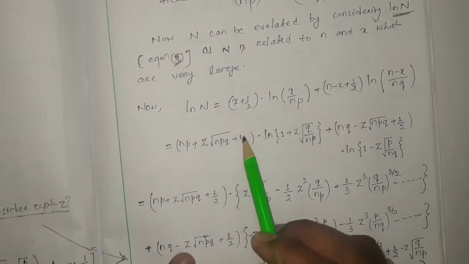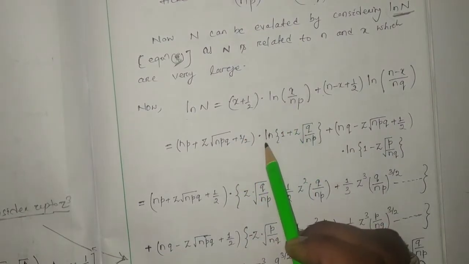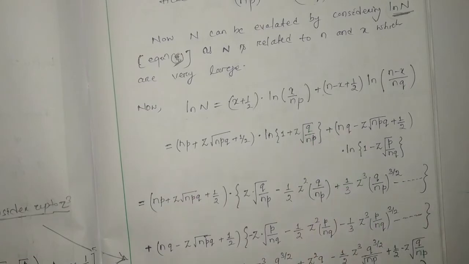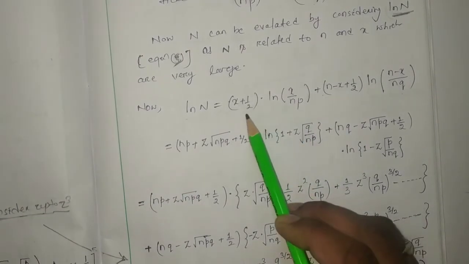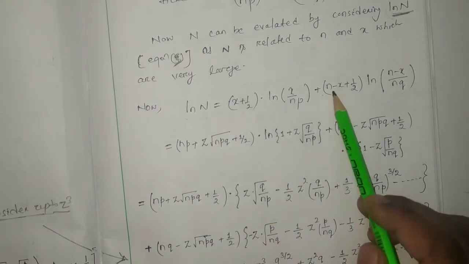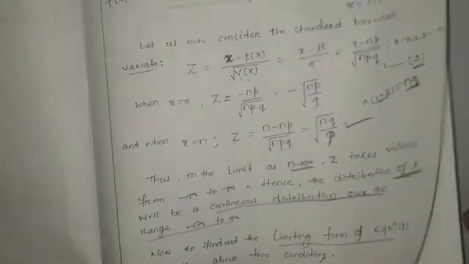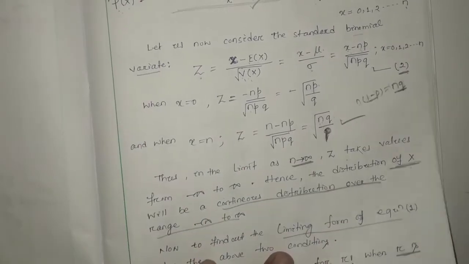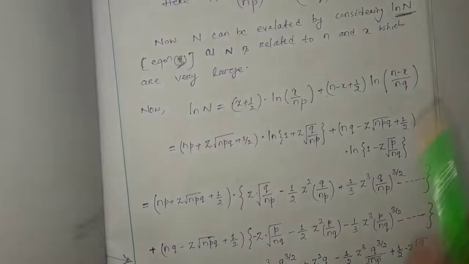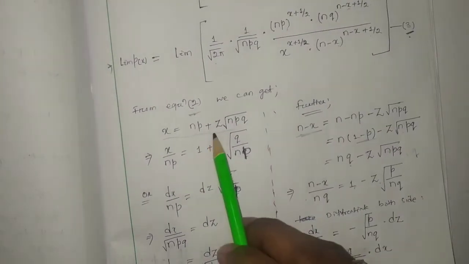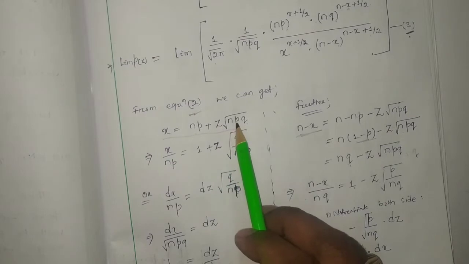So first we have to substitute the value of x and n minus x, whatever we have found previously. The x value is np plus z into root over of npq.